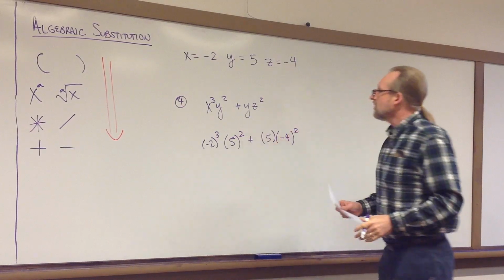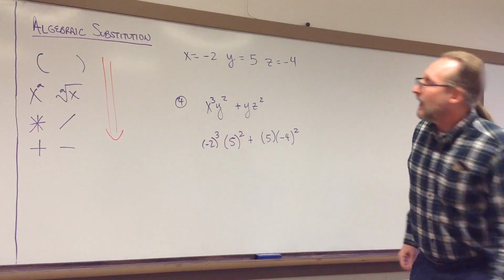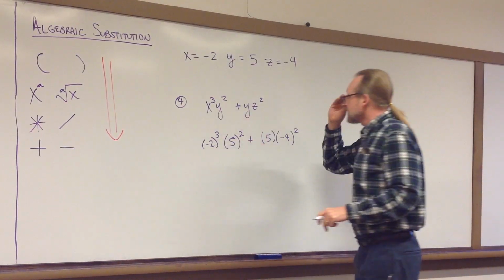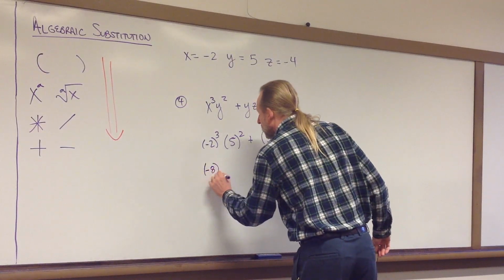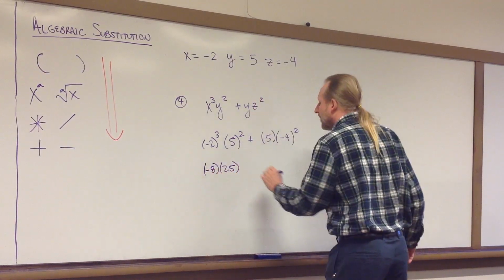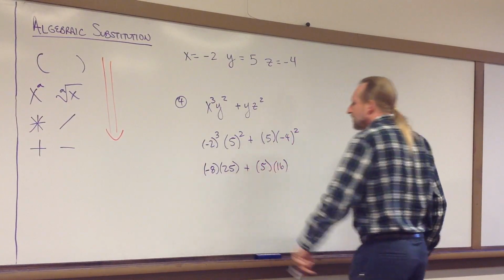So again, let's do the exponents first. And it doesn't matter what order we do the exponents in. So this will be -8 and then 25. And then over here, -4 squared will be 16.